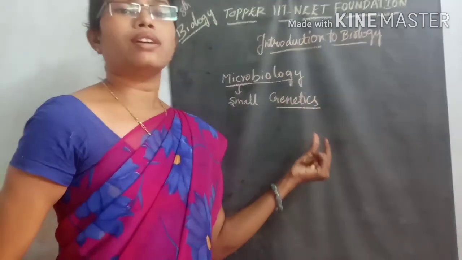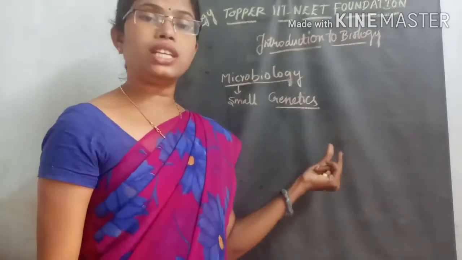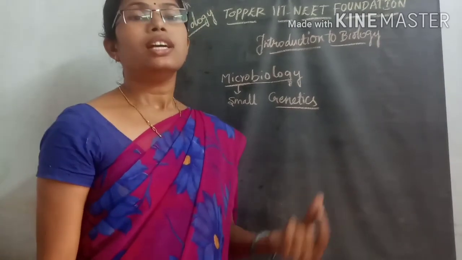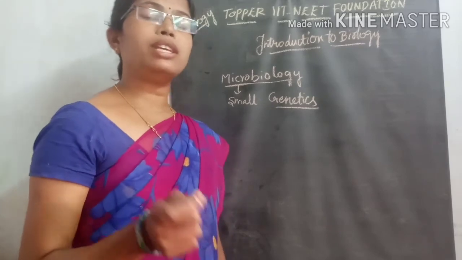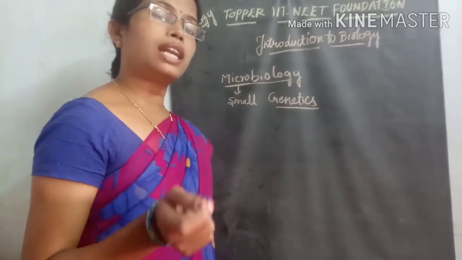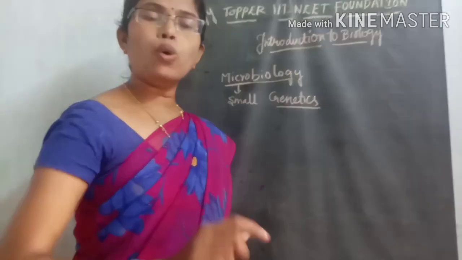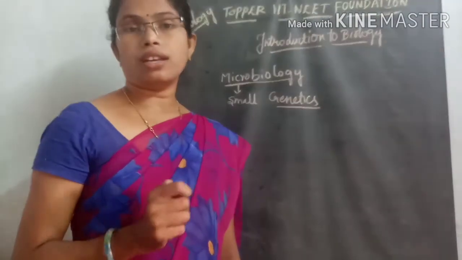Gregor John Mendel is one of the fathers of genetics. He is a scientist who mainly focused on genetical characteristics, how characteristics are transferred from one organism to another, and how organisms differ from one another.